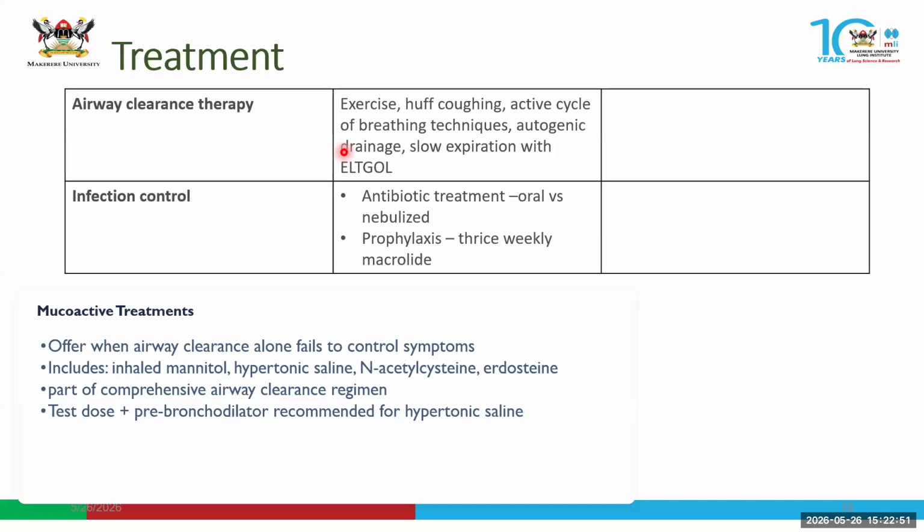In efforts of ensuring that we have a clear airway, we also see the blended use of mucoactive treatments, and these will include the mucolytics. We know the N-acetylcysteine, the hypertonic saline, and also the mannitol, and these are used as part of the comprehensive treatment when it comes to airway clearing for these patients.